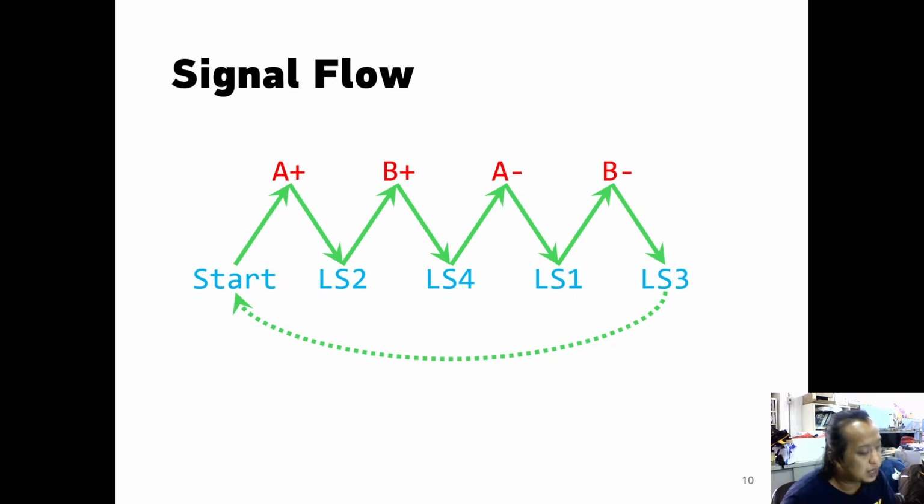LS4 will make cylinder A retract, and it will hit LS1. LS1 will trigger cylinder B to move backwards or retract.